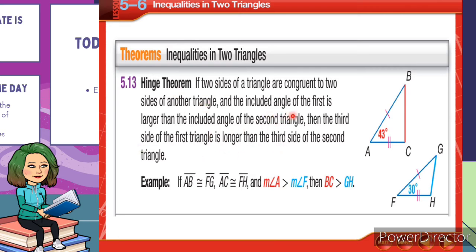Parang familiar tayo dito, ano? Parang we are talking about here side angle side inequality theorem. So, ang ating hinge theorem ay related kay side angle side inequality theorem. Sila yung magpinsan dito sa ating inequalities.